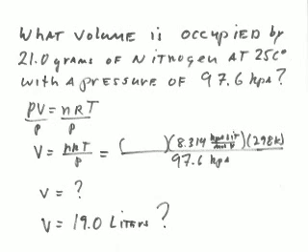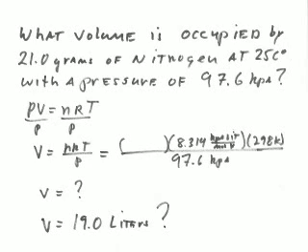PV equals nRT divided by P. Volume is equal to nRT divided by P. In this case, we have kilopascals and Kelvin. So we're going to have to use the 8.314 kilopascal liter mole K version of R. The temperature, of course, has to be 298 Kelvin. It has to be the absolute temperature. The pressure, 97.6 kPa.